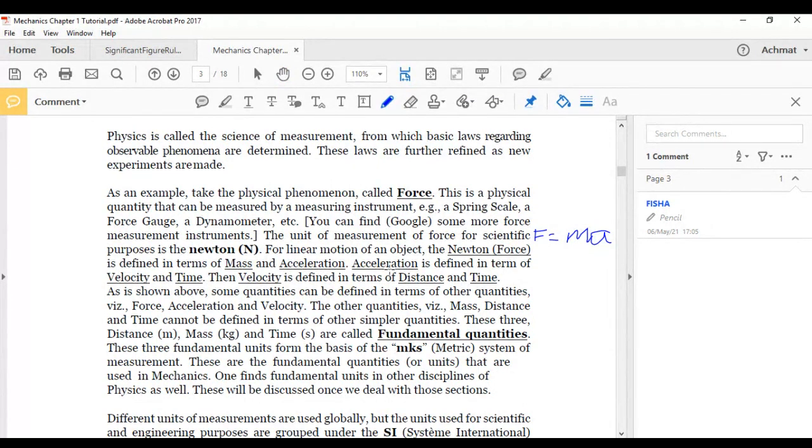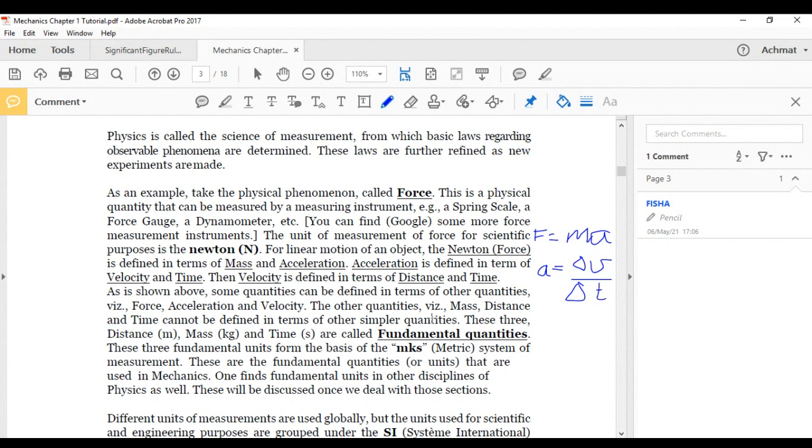But then if you look at acceleration, it is defined in terms of velocity and time, where acceleration is equal to change in velocity over change in time. So this quantity can be defined in terms of those two, velocity and time.